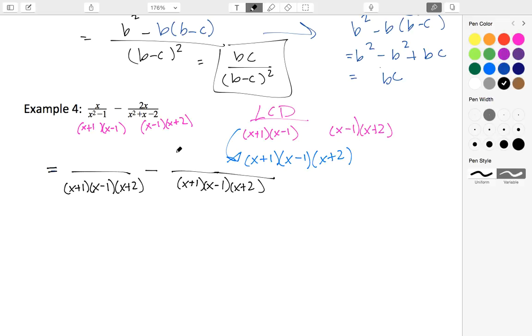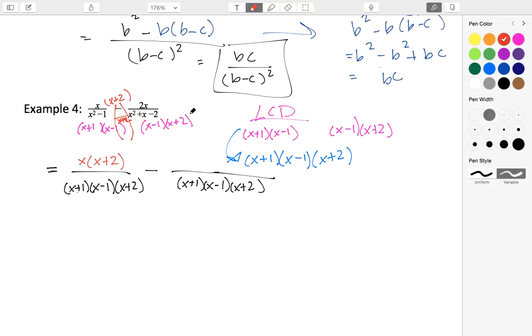And then from there, I check my originals: I have an x plus 1, I have an x minus 1, I don't have an x plus 2, therefore I'm going to multiply the top and bottom of my first one, this is going to get really messy, by x plus 2, right? So I'll get x plus 2 here, and x plus 2 here. So my new numerator for this one would be x times x plus 2.